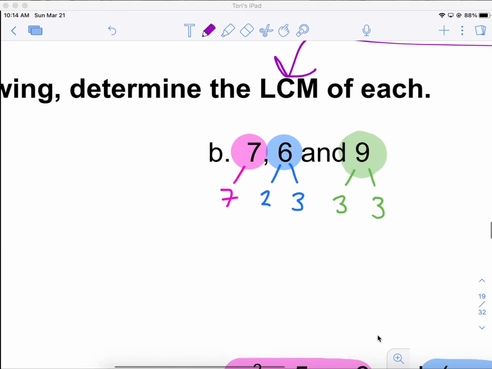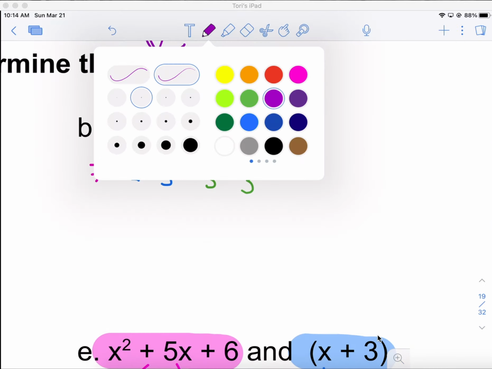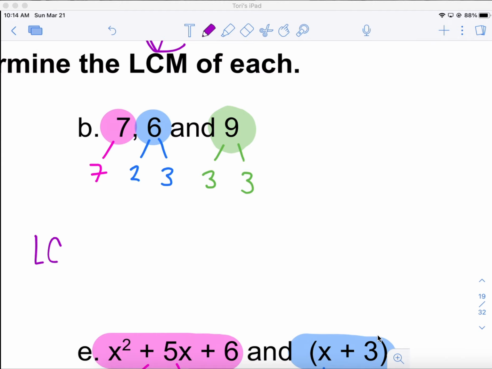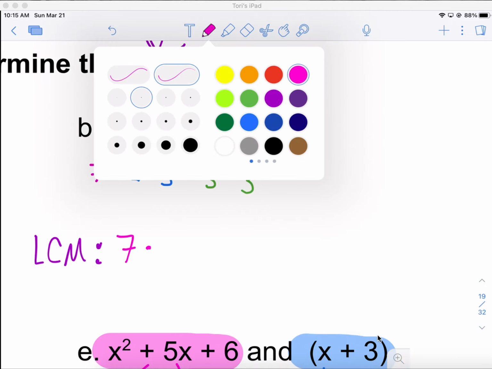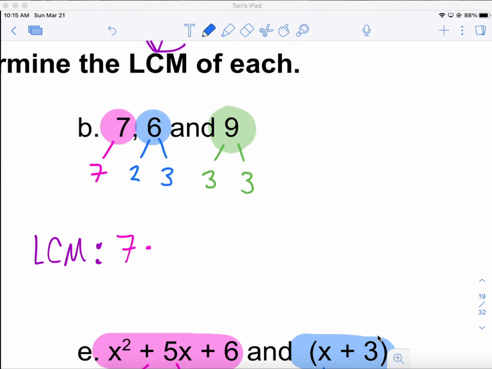Let's look at this one. Again, least common denominator and least common multiple are the same. If I'm trying to make this one, I have 3 numbers this time. I need everything that makes the pink. 7 is the only thing. Then anything additional that I need to make the blue, which is a 2 and a 3, because neither of those numbers are in the pink.